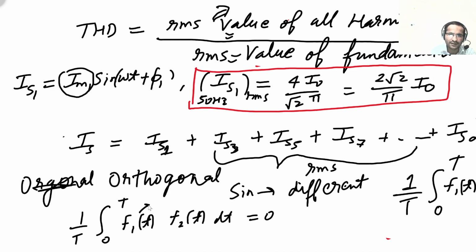If f1(t) is omega t and f2(t) is 3 omega t, different frequency sinusoidal waves are orthogonal to each other.